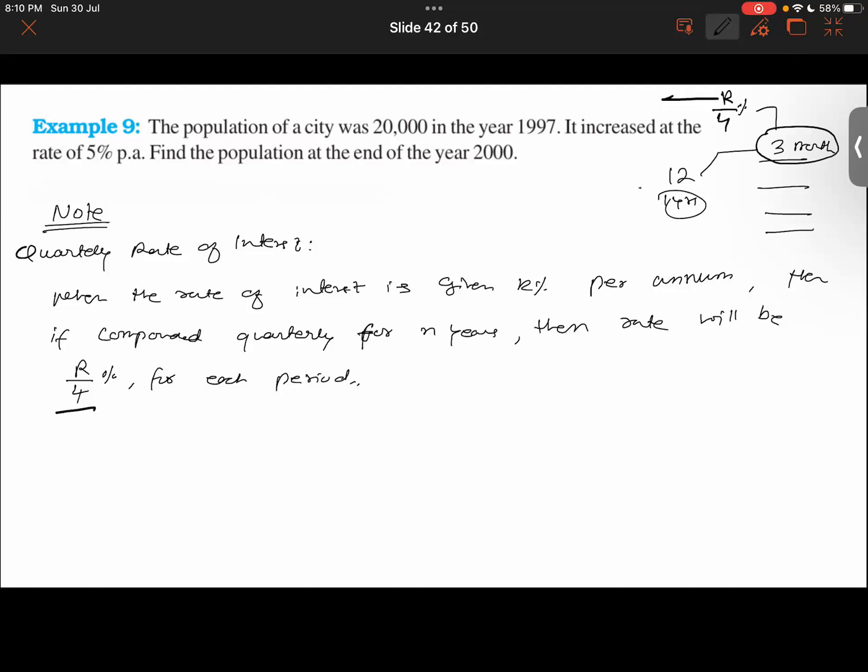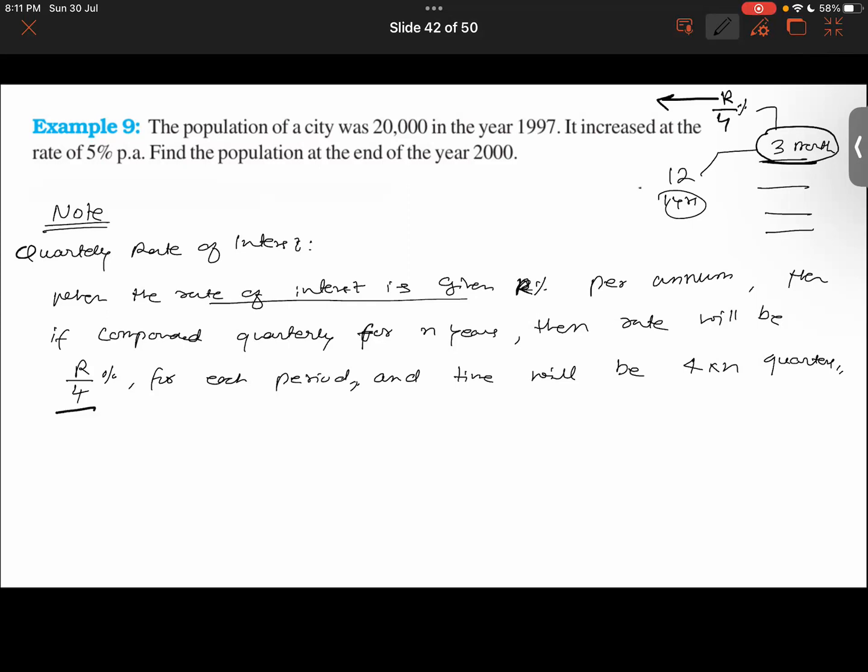R here was the rate of interest for the full year, but since we are calculating it for 3 months, which is 1/4 of a year, the rate will be R upon 4%. Is it clear? And time will be how much? Time will be 4 into n quarters.